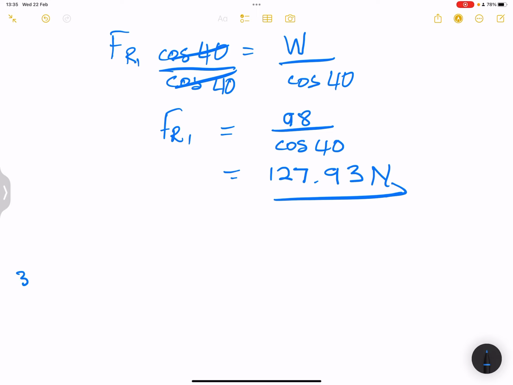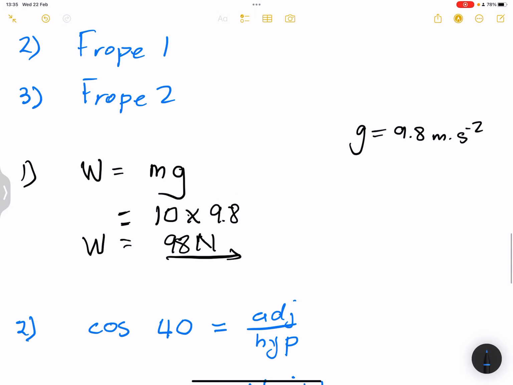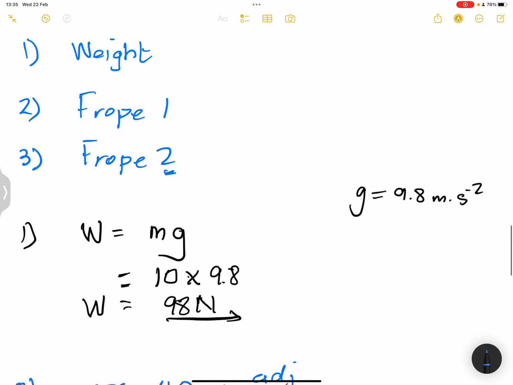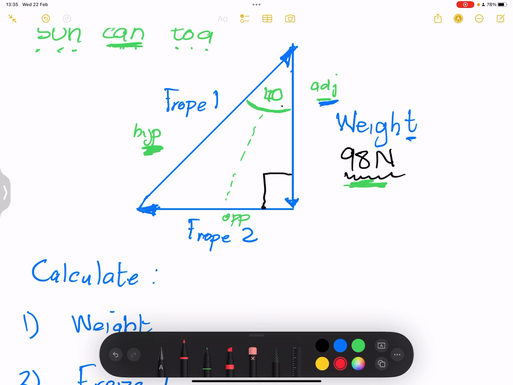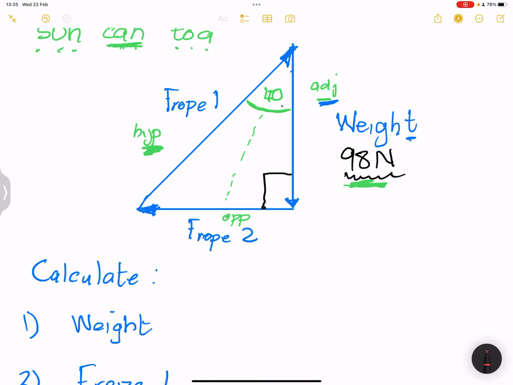Now, thirdly, let's find out the force on rope 2. How would we find it? Let me use a different color. The force on rope 2 is on the opposite side, and we already have a value for the weight, so we're going to use opposite over adjacent.